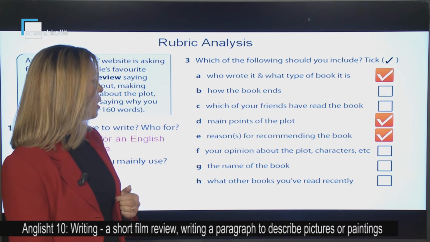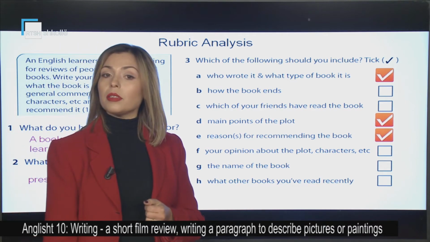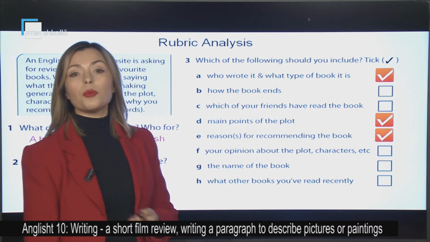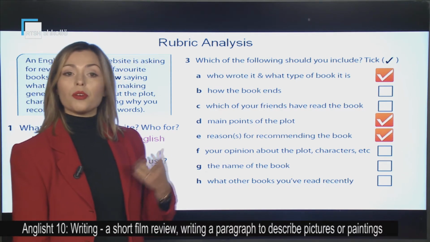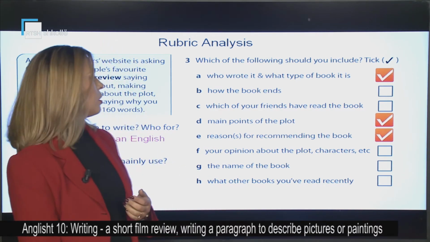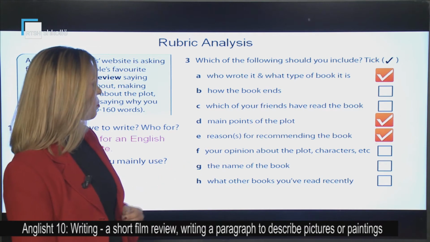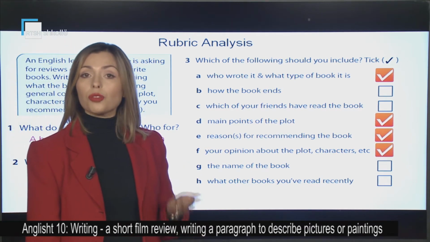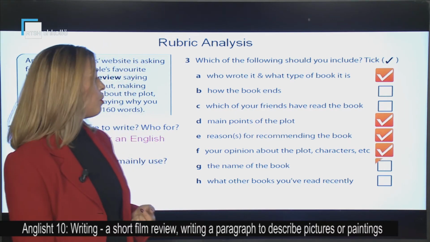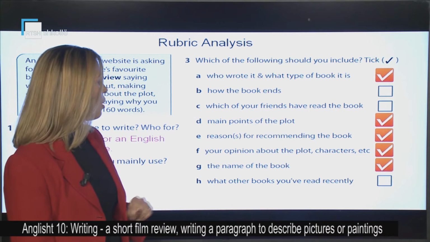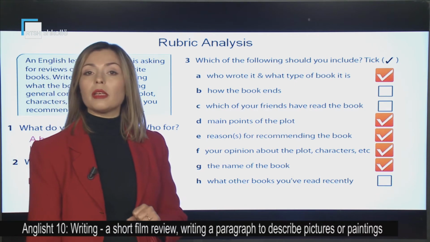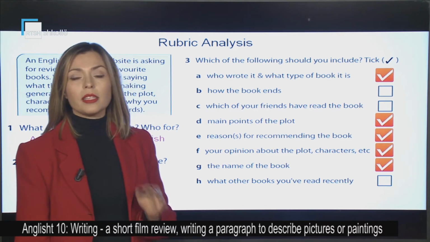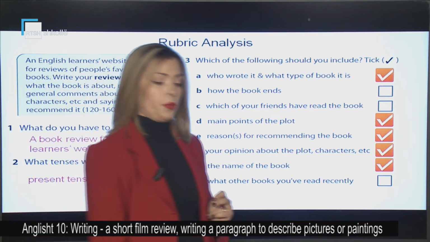Your opinion about the plot and the characters, of course. Since it is a book review, you need to state whether you liked it or you didn't like it. And the name of the book, absolutely. We're going to start with the name of the book. And what other books you've read recently, should we? No, it has nothing to do with the book review.